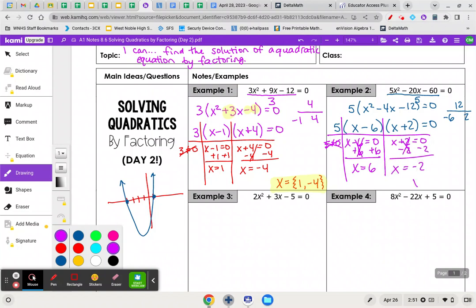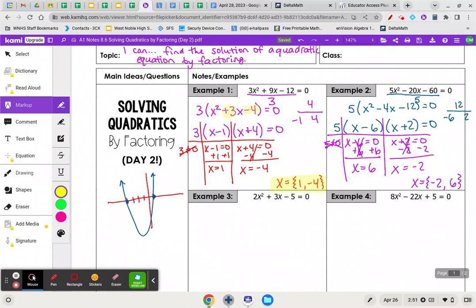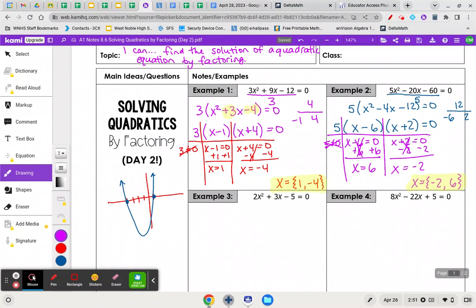So in the end, x is equal to negative 2 and 6. So once again, if we were to graph that, my x-axis points would be at negative 2 and positive 6. So that is greatest common factor, and then a normal trinomial problem.